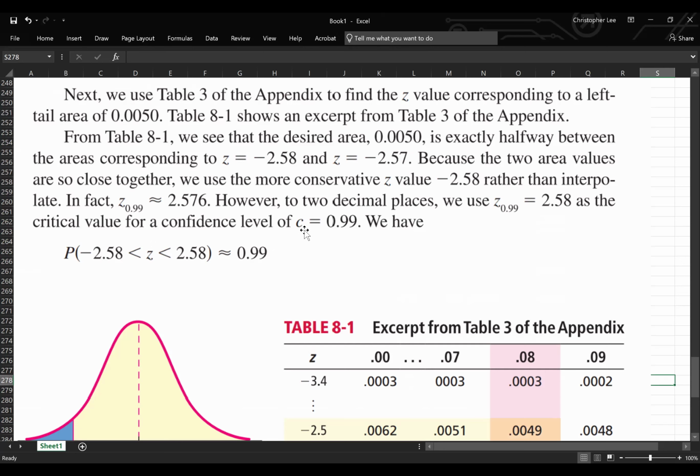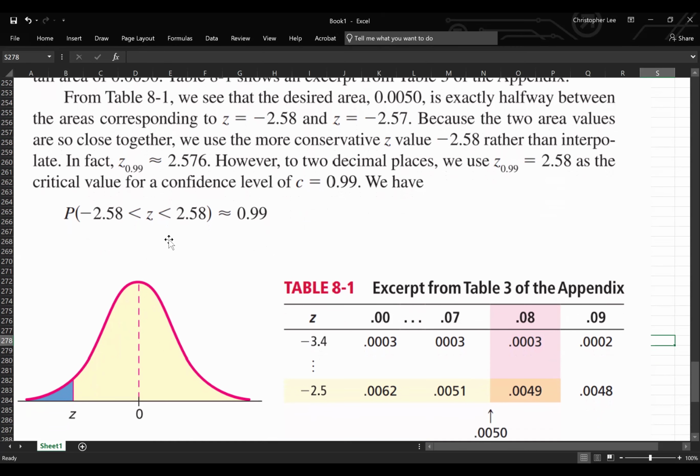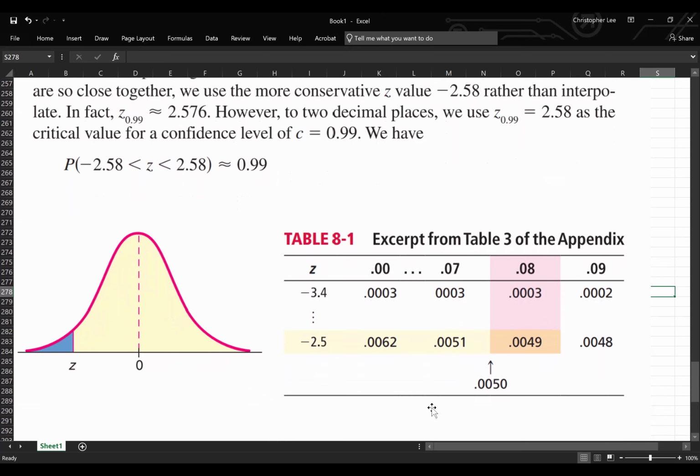So for c equal to 0.99, the probability that negative 2.58 less than z less than 2.58 is similar to 0.99. They do the same thing that we just did, but off the negative side because they're looking for 0.50. 0.50 is in between negative 2.57 and negative 2.58. Add them together, divide by 2, boom. That's how you get that.